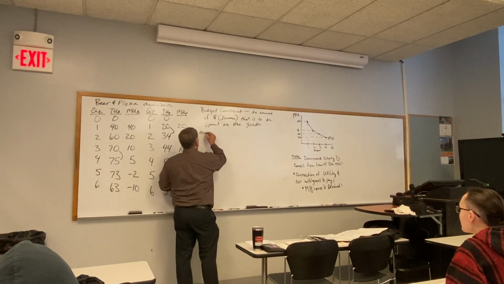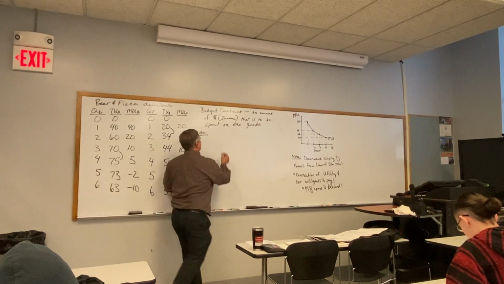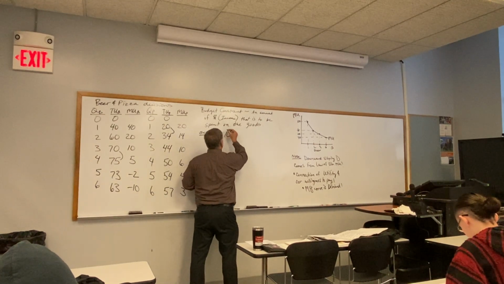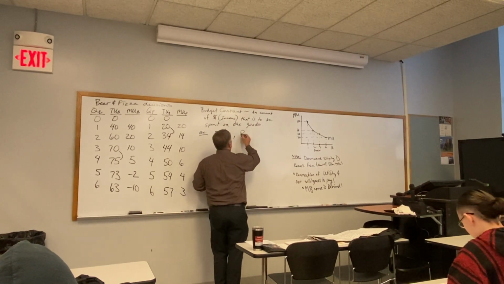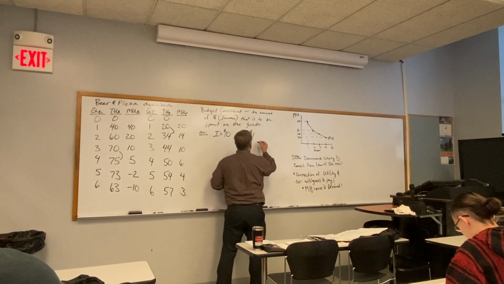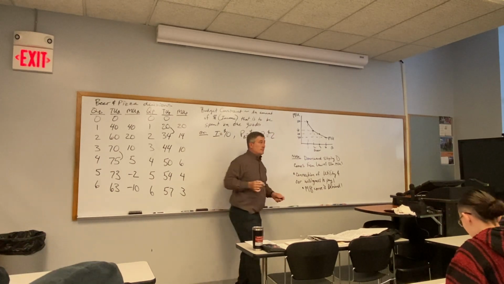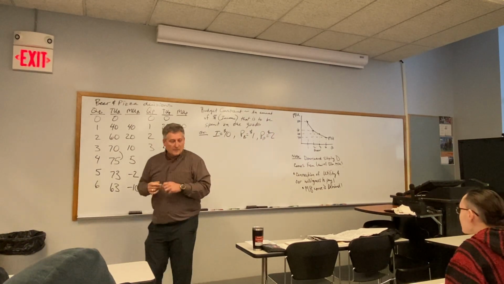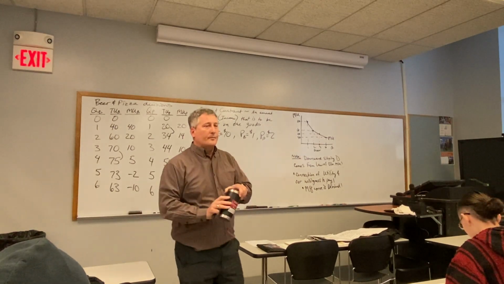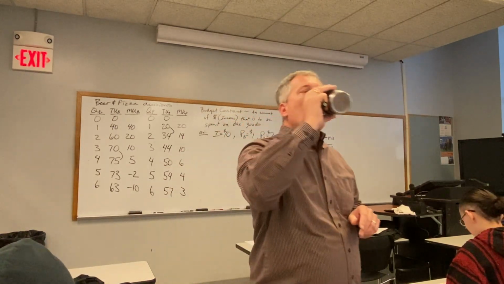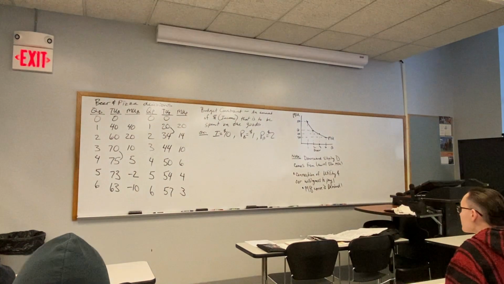So for this example, let's assume that your income is $10. The price of beer is $1, and the price of pizza is $2. So you got $10 to spend.